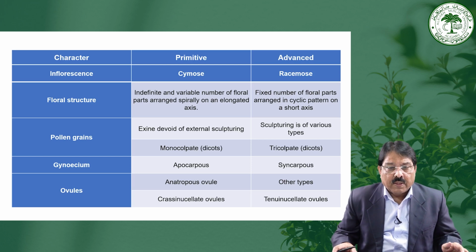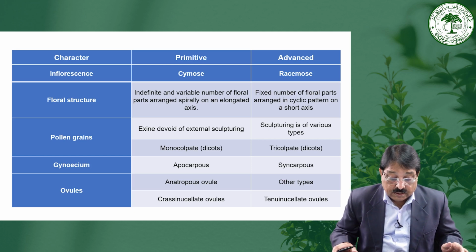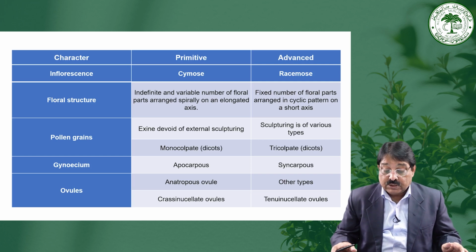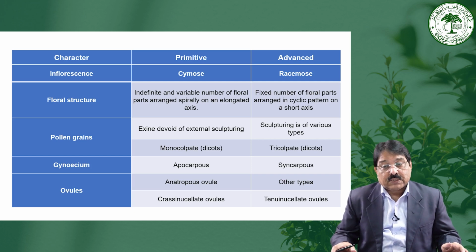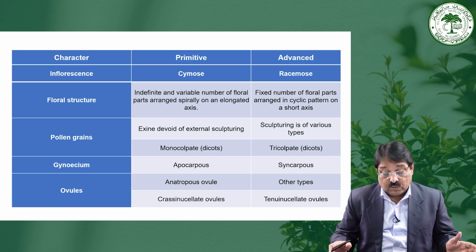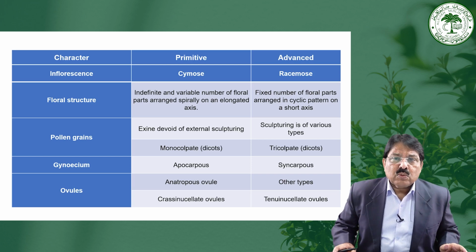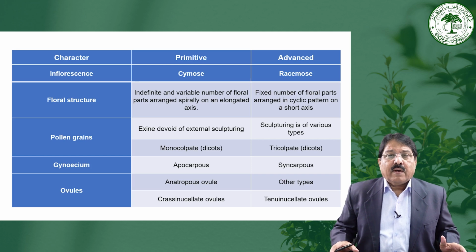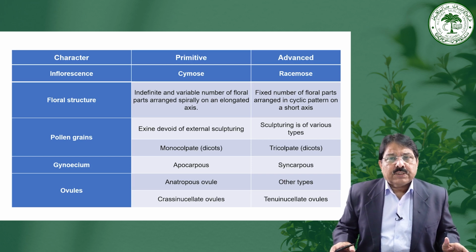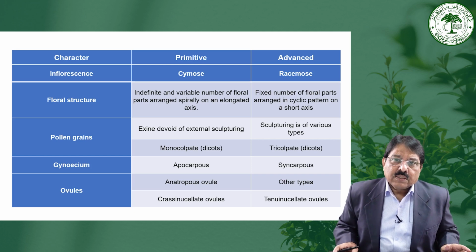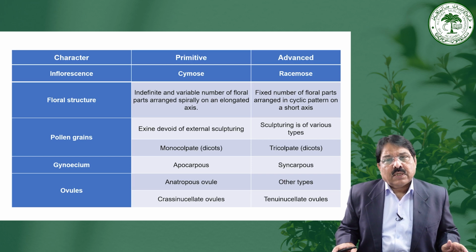Similarly, in the case of pollen grain, the exine devoid of external sculpturing is considered primitive, while sculpturing of various types is the advanced structure. Then the monocolpate, in dicots, and the tricolpate: the monocolpate is also primitive, as is the apocarpous condition. Though the Bentham and Hooker system is not based on evolutionary trends, whatever it is, he considered the apocarpous condition a primitive character.